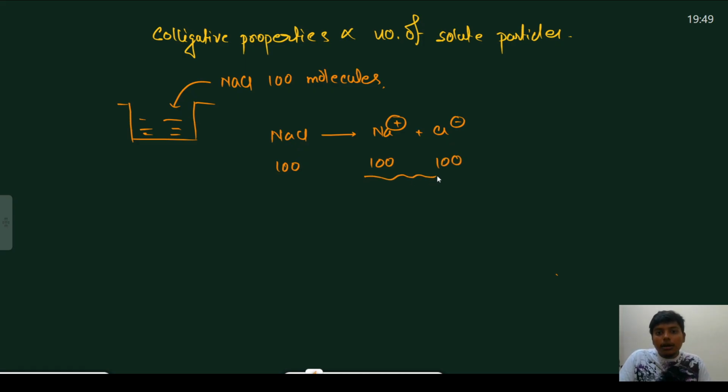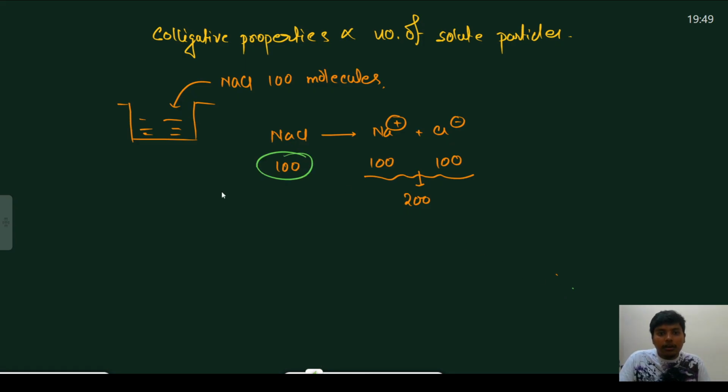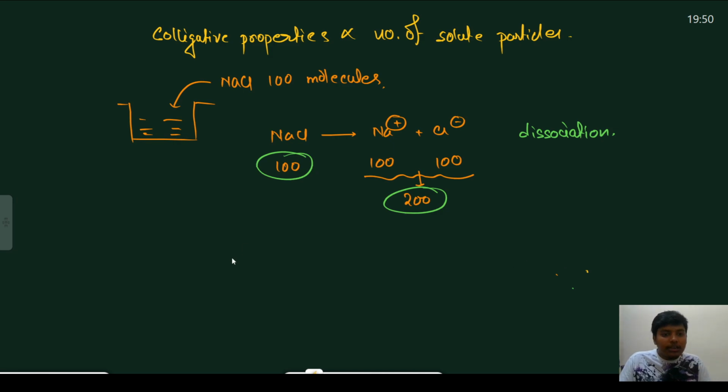So total number comes to 200. We do calculation with respect to 100, but the total number is actually 200. This is because of dissociation, the number increased. Clear or not?